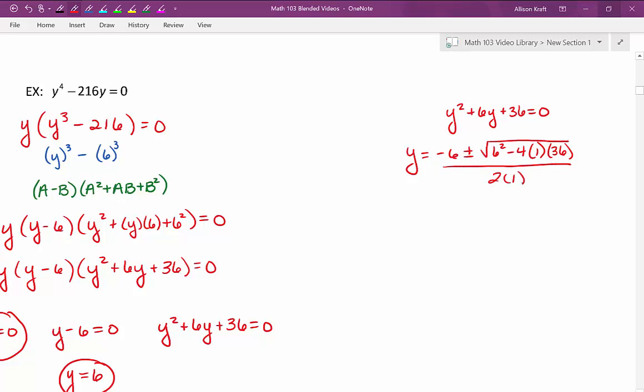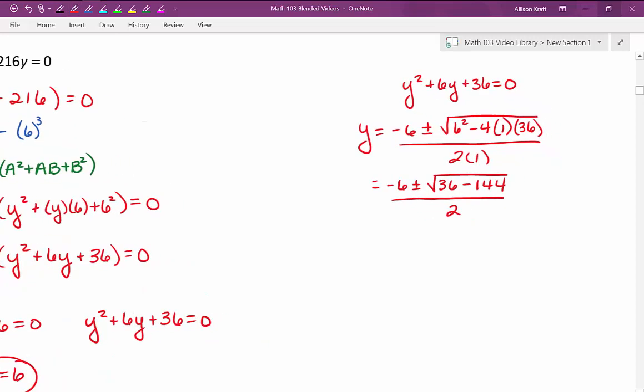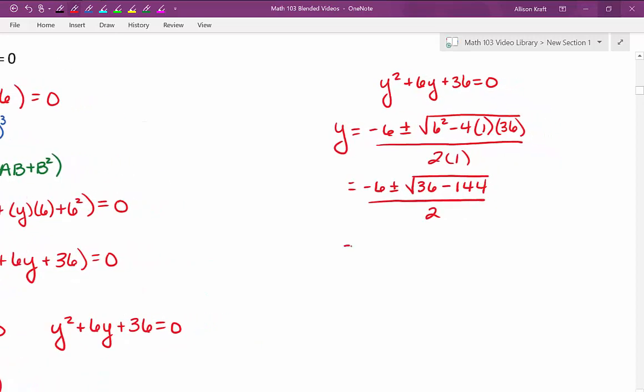We want to start cleaning up and simplifying our radical. Negative 6 plus or minus the square root of 36 minus 144, all over 2. It's going to be negative 6 plus or minus the square root of negative 108, all over 2.